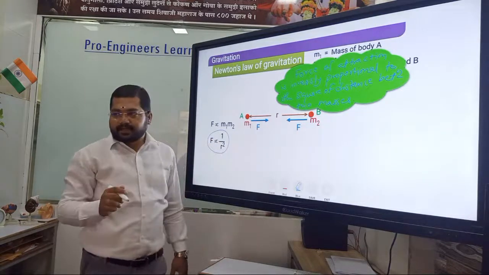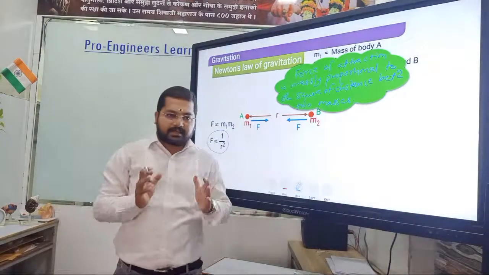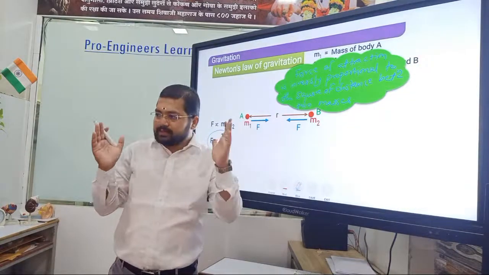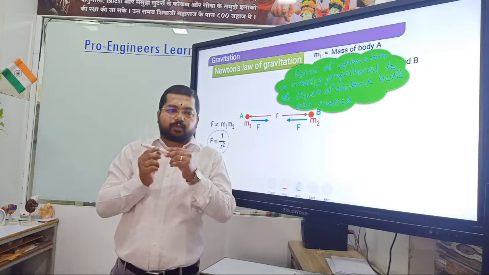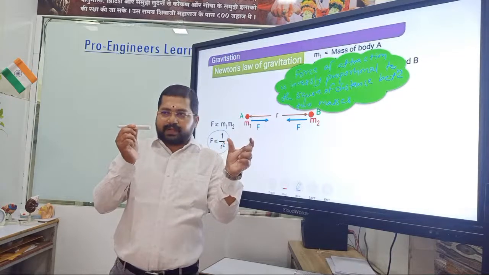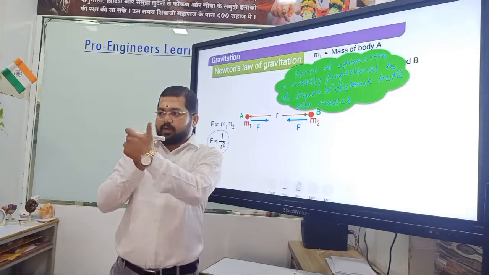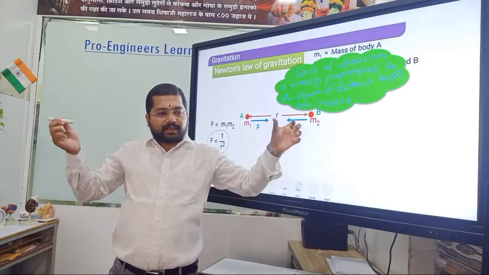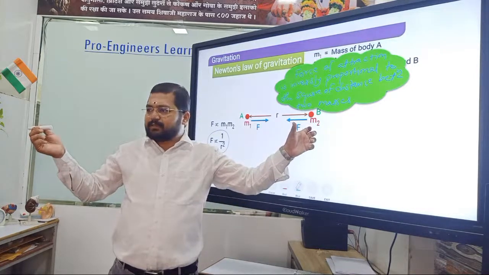Let us consider two magnets are there, of two different poles, north and south. If two bar magnets are there and I am holding them like this, north, south, and on this side, south, north. If I keep them at a very far distance, they may not attract.